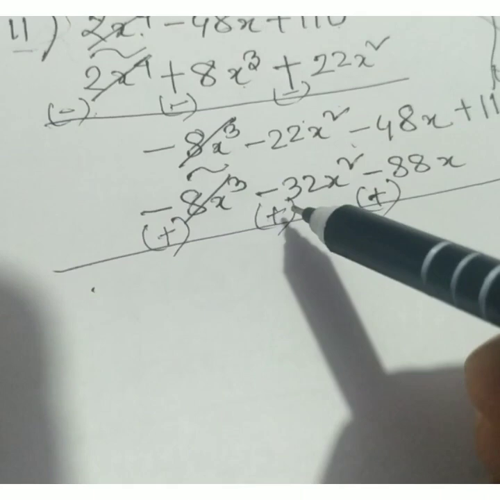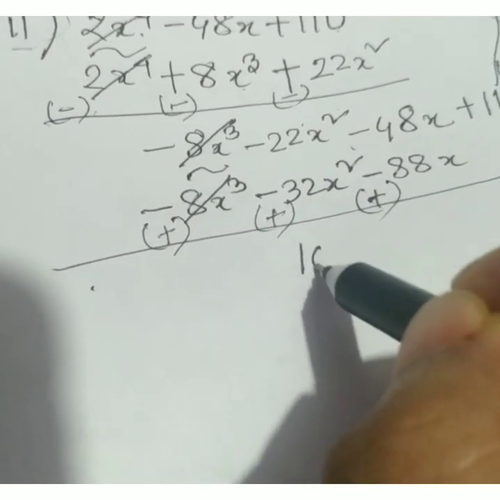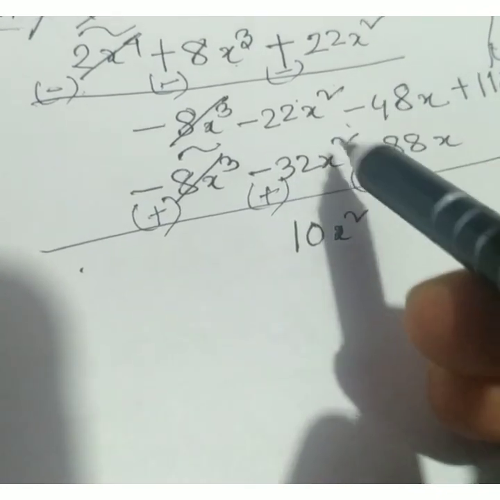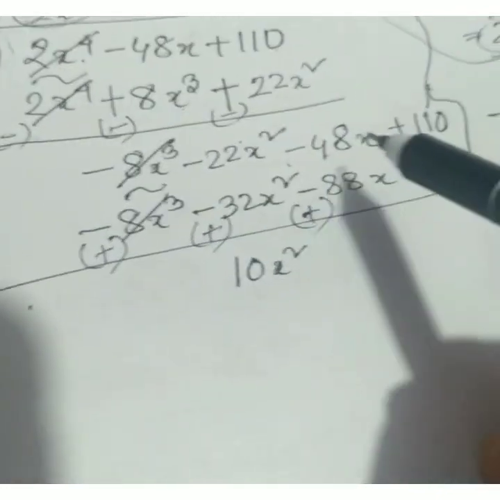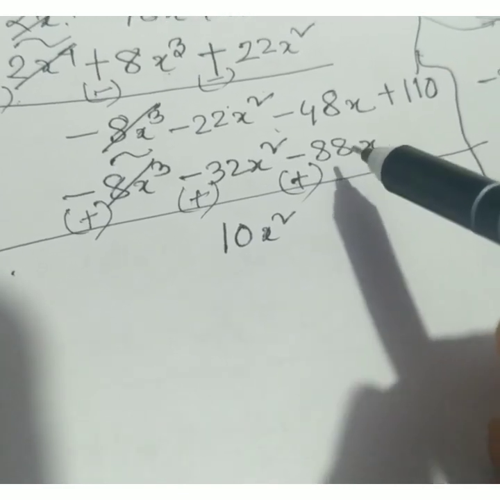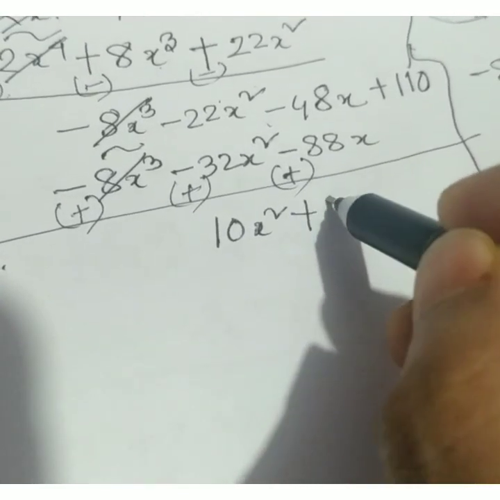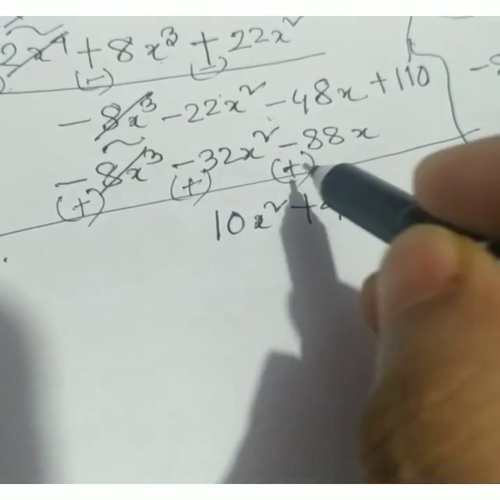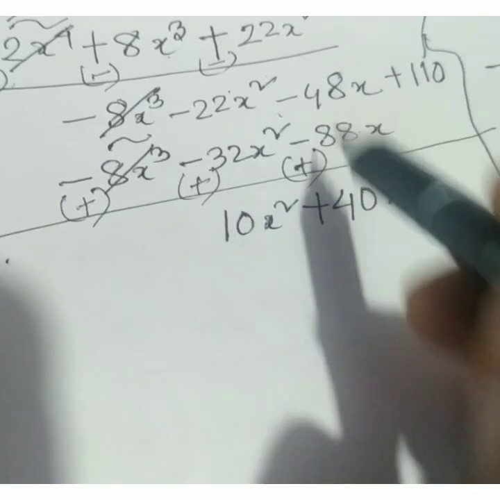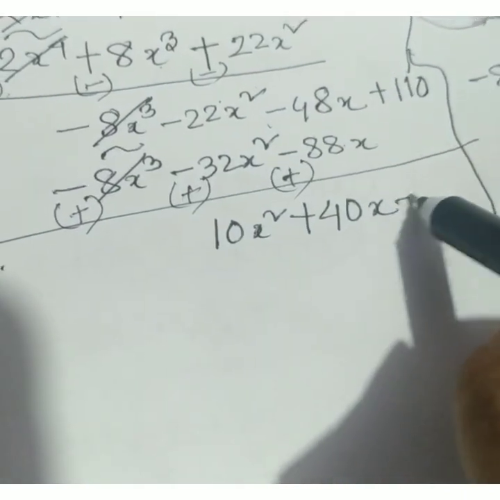Minus 22 plus 32 is 10x². x², same power, so we can add them up. Again, minus 48x plus 88x is what? 40x, because my plus 88 is greater than minus 48, right? Then we put plus 110.